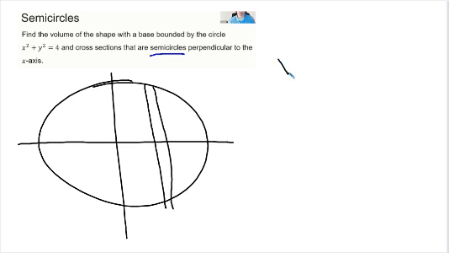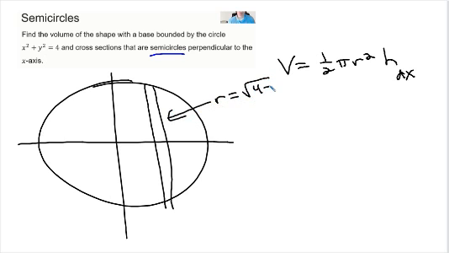So I'm going to use volume equals 1/2 pi r squared h. All right? My h will be my dx. This one's a lot easier than the last problem because this right here is the radius, and it's just the square root of 4 minus x squared.